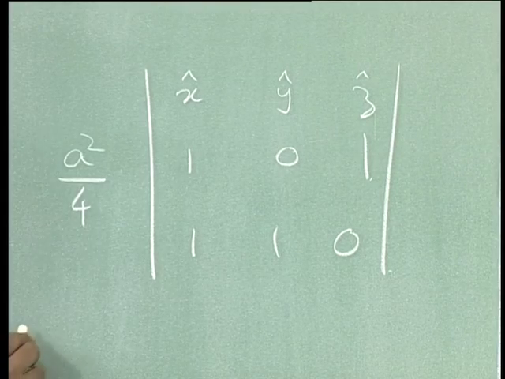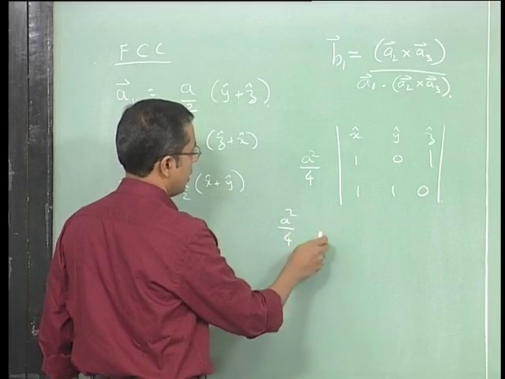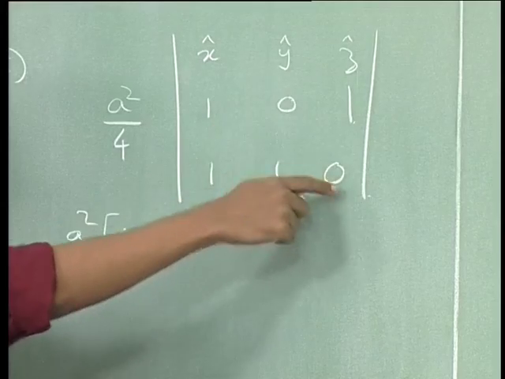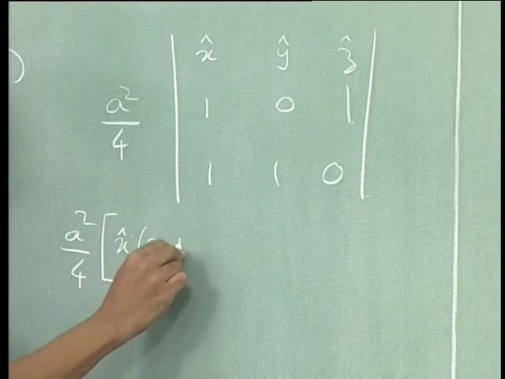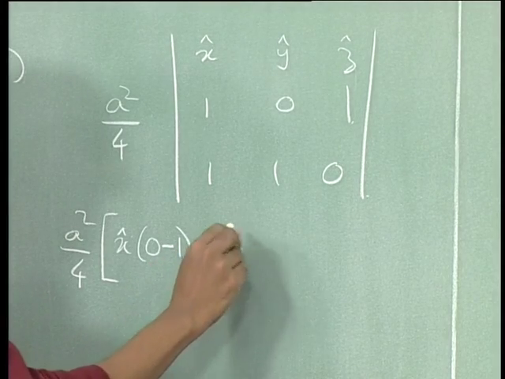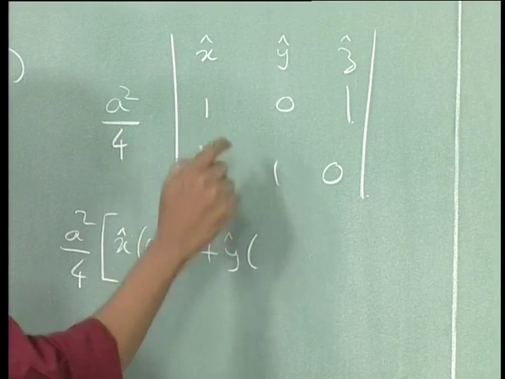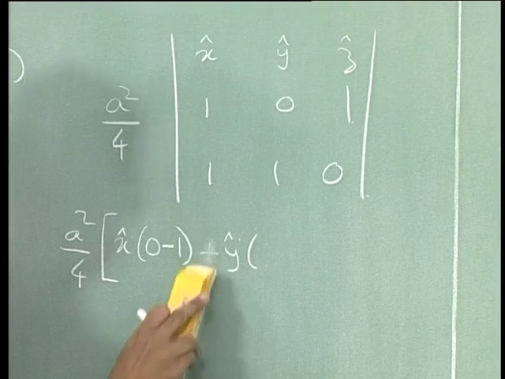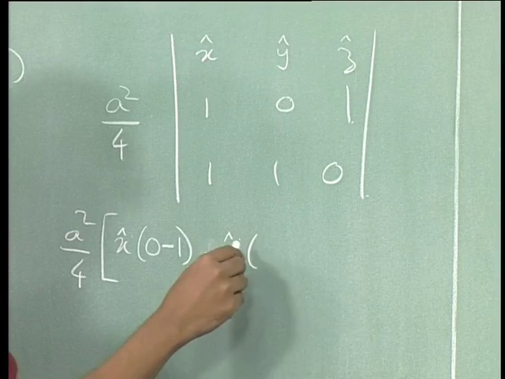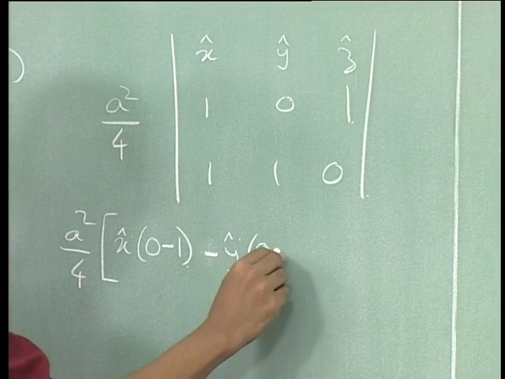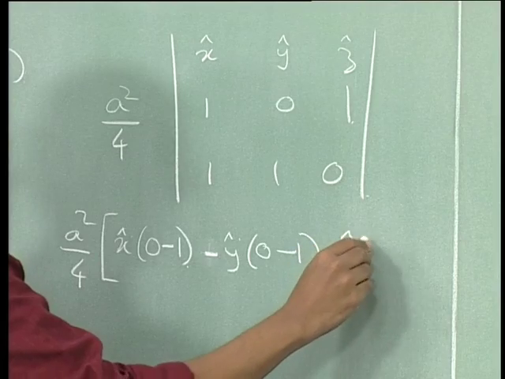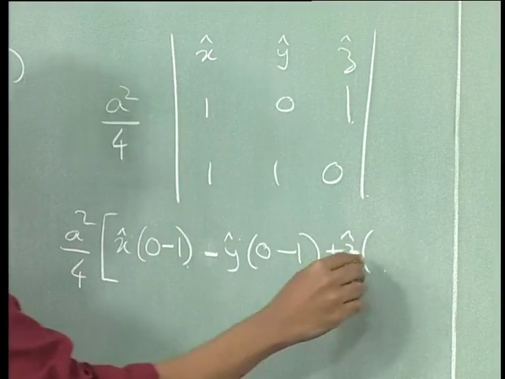Evaluating, this is a square by 4 times x cap into 0 minus 1, minus y cap into 0 minus 1, plus z cap into 1 minus 0.